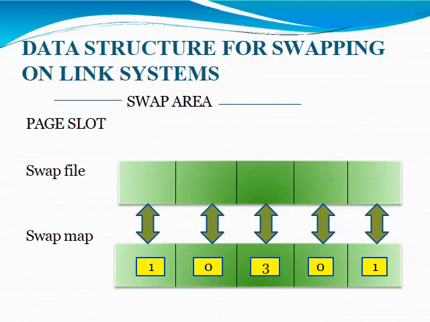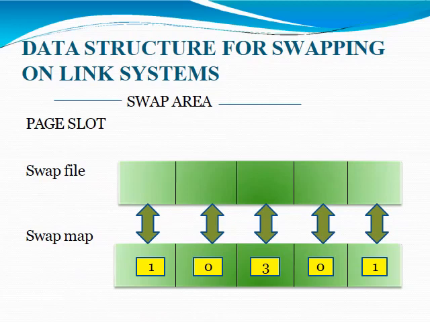The data structure shows the example of such swapping system. Here these are the array of integers which tells about this swap map. Each is connected with a page slot.